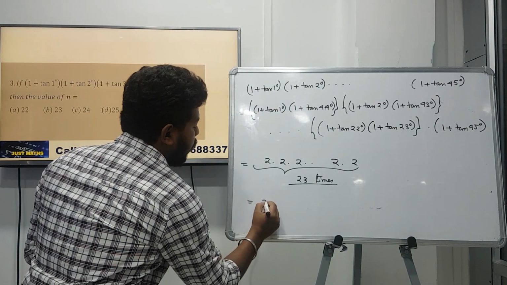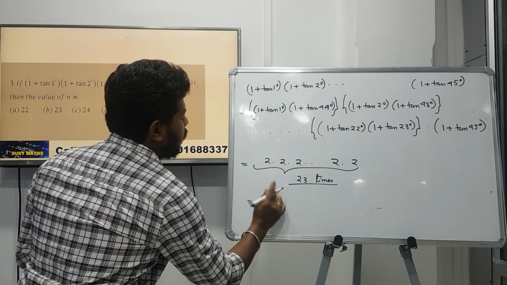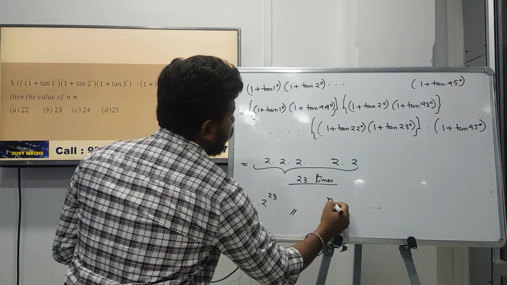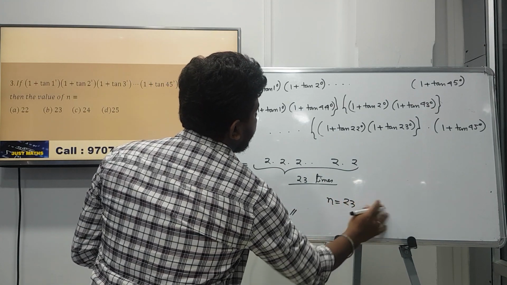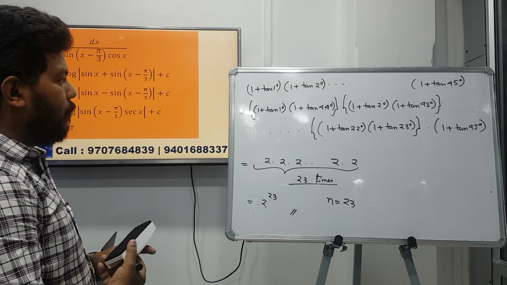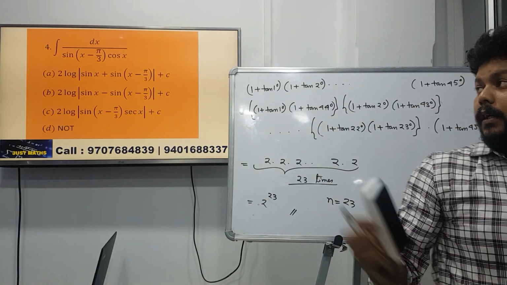So the answer is 2 to the power 23. This is your result. Hence n is equal to 23. Option B is correct.